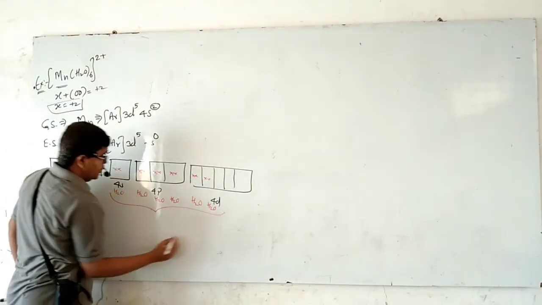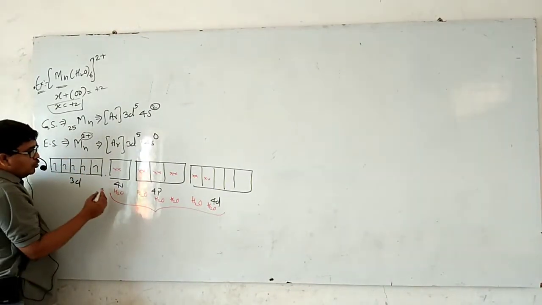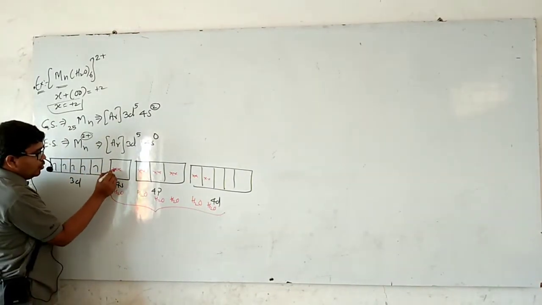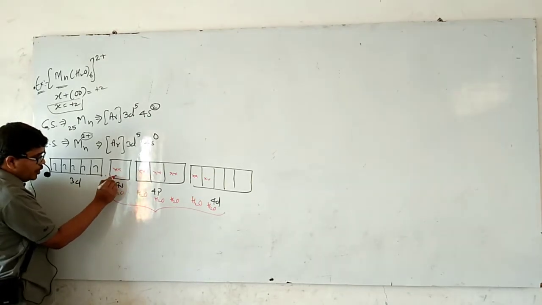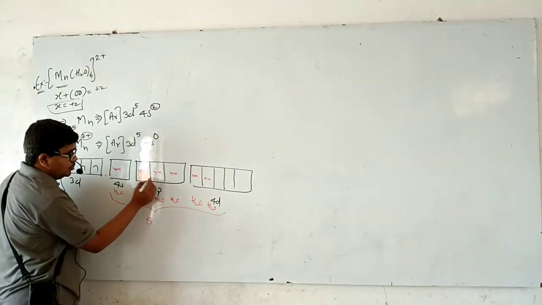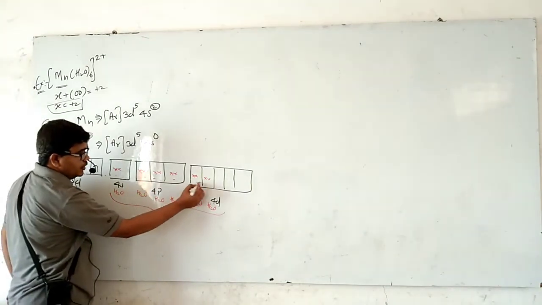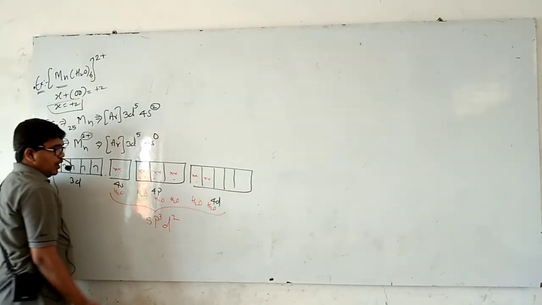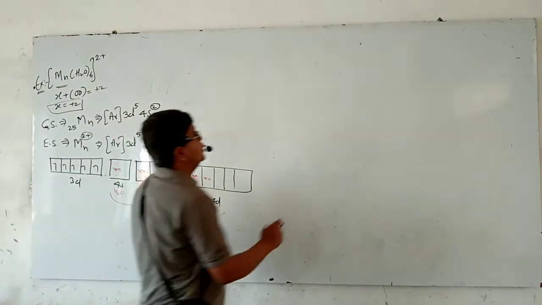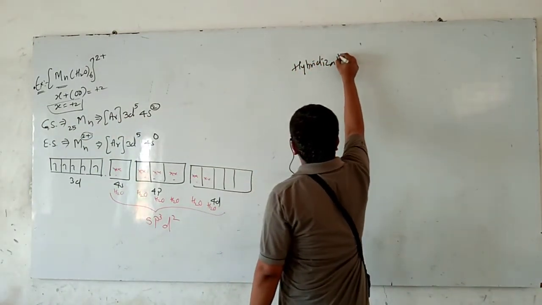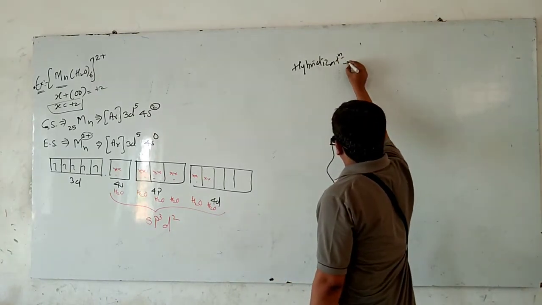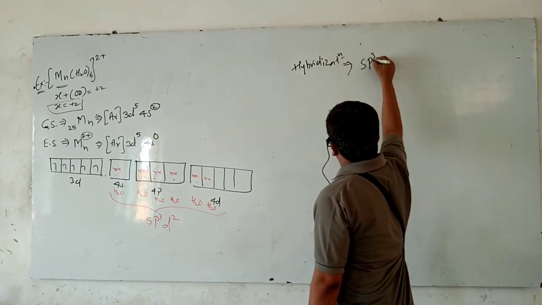Now let us see which orbitals are occupied by the electrons of the ligand. The electrons of the ligand occupy 1 orbital of s, 3 orbitals of p and these 2 orbitals of d. So the hybridization is sp3d2.